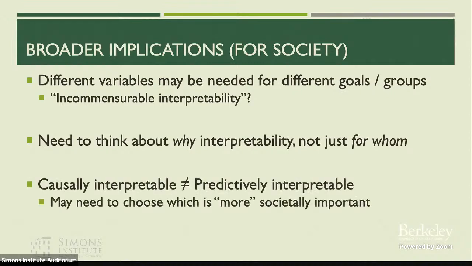In particular, what I want to emphasize, if we think more broadly, scientifically, societally, is where we keep finding in our work, this is where most of the theorems have been showing, we can get pretty big differences in the variables that are constructed based on whether we're doing predictive models or causal models. And that suggests a potential concern: how do we figure out which one is more societally important in a given context?